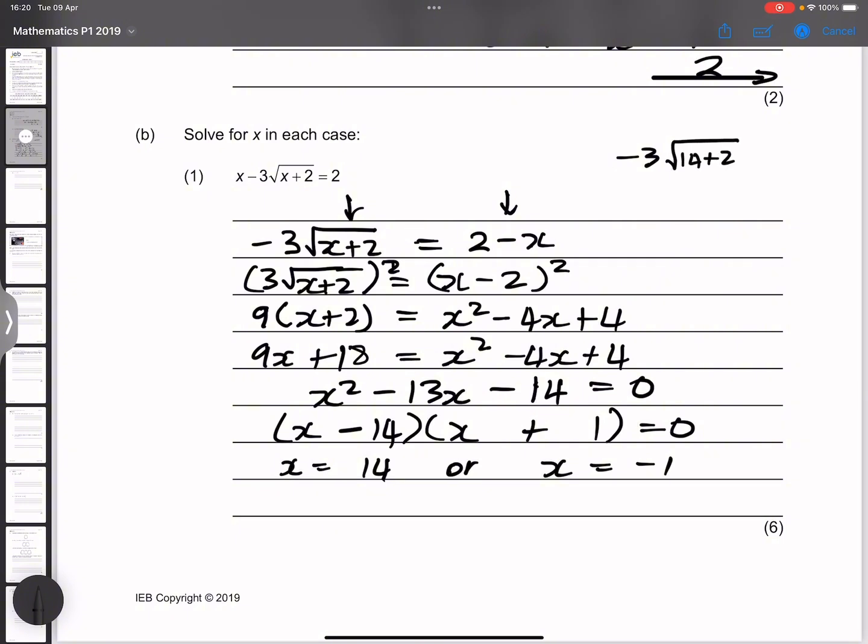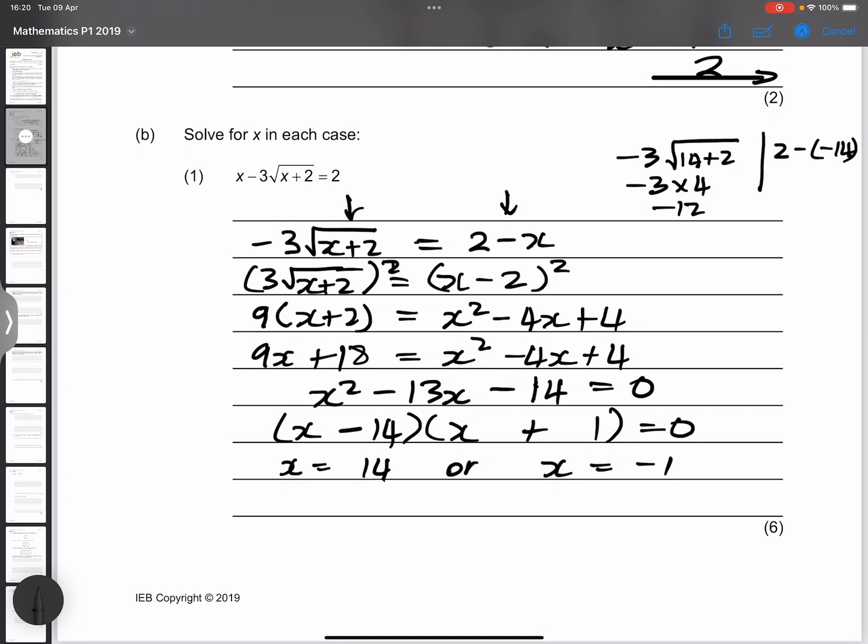On the right-hand side, I've got 2 minus 14. Notice this, square root of 14 plus 2 is square root of 16, which is 4. So this is minus 3 times 4, that's minus 12. And on the other side, what do I have? 2 minus a positive 14.